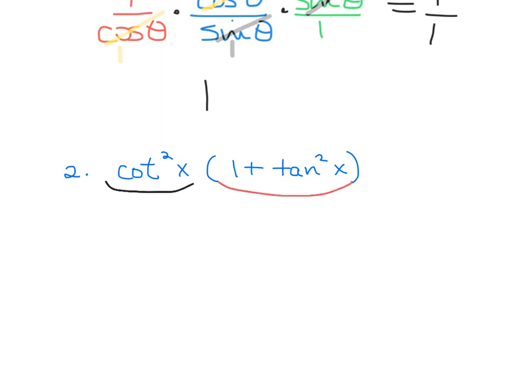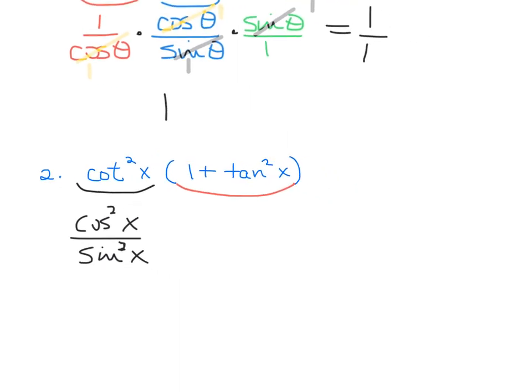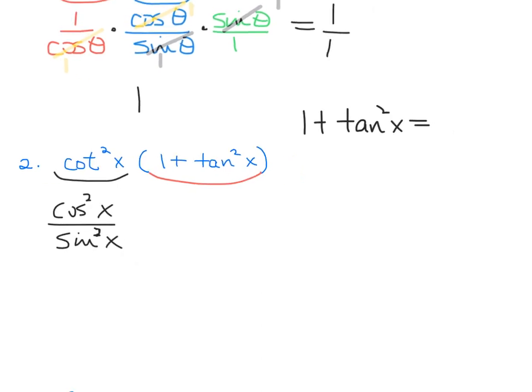So the first one, I'm going to use my quotient identity, and I know that cotangent is equal to cosine over sine, and it was squared, so I'm just going to replace it with cosine squared x over sine squared x. I also know that there is a Pythagorean identity that states that 1 plus tangent squared x is equal to secant squared x.